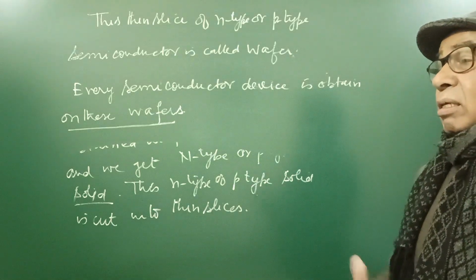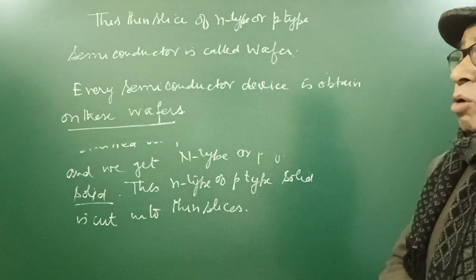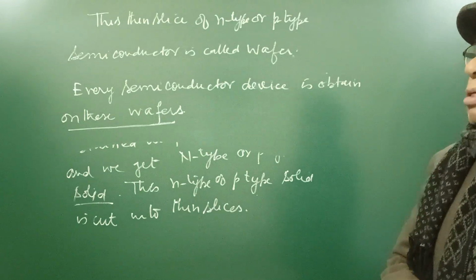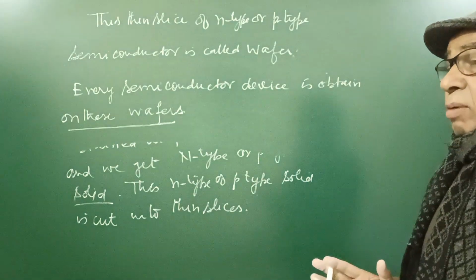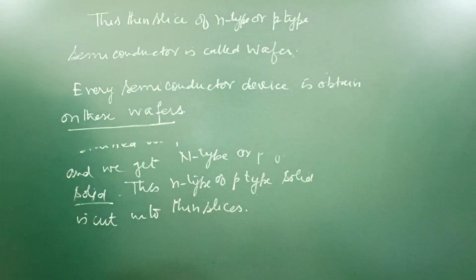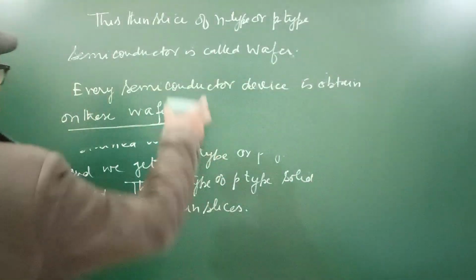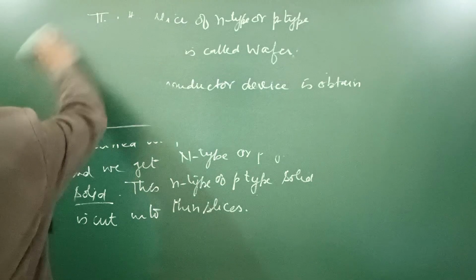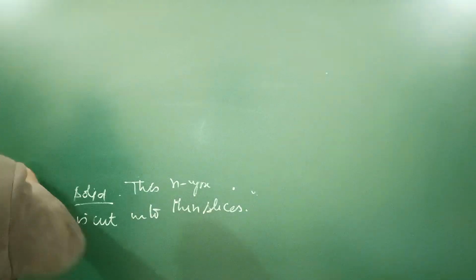Actually, in your syllabus we have only the PN junction diode. Earlier it had transistors and gates, etc. So a lot of things were there. So now I will come to the PN junction device: how a PN junction is obtained and what its function is.